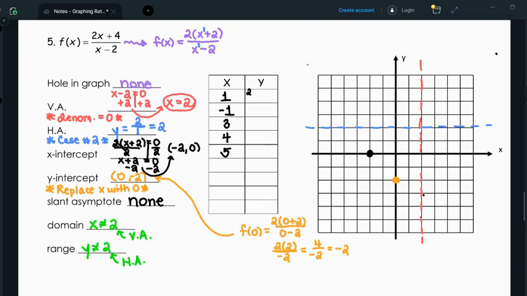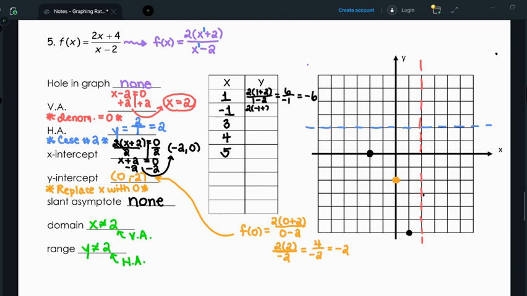So instead of 2 parentheses x plus 2, I have 2 parentheses 1 plus 2 over 1 minus 2. And doing that math all together, you should get 6 in the numerator and -1 in the denominator, which comes out to -6. So when I have my x value of 1, I have my y value at -6. For -1, I do the same thing.